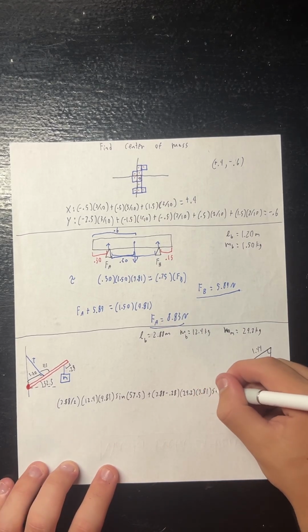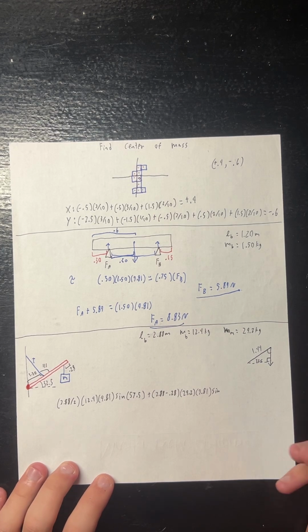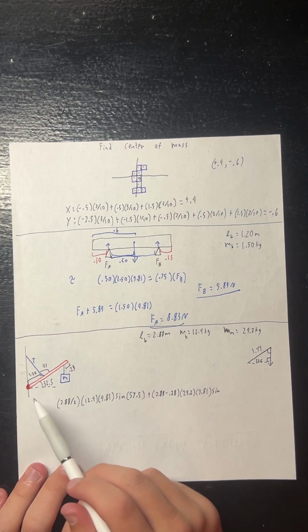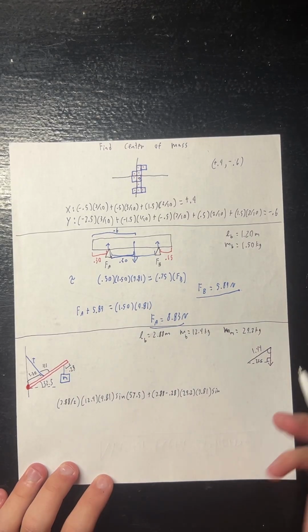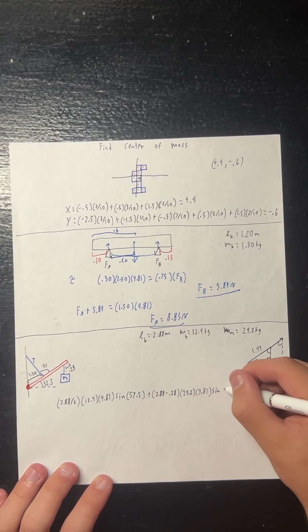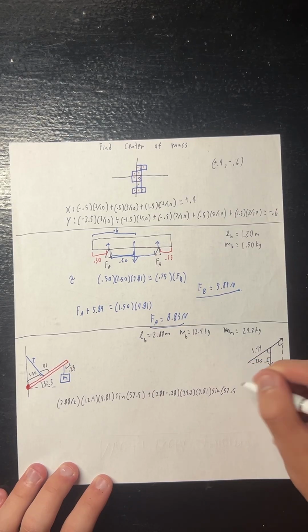Now sine theta is going to be the same thing, because it's just further back, but our r is just more. So that's the exact same angle, 57.5.